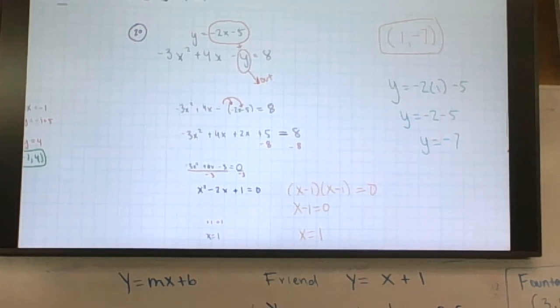Anybody get this one right? Anybody able to get x equals 1? Okay, that's a good number.